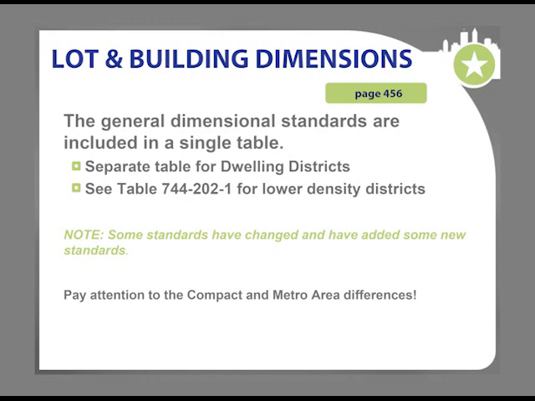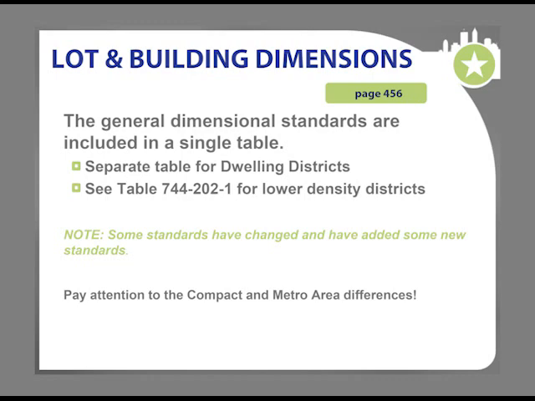There's a separate table for dwelling districts. When looking for the dimensional standards, the lot and building dimensions, look in table 744-202-1 for the lower density residential dwelling districts. That's where you'll find the dimensional standards.